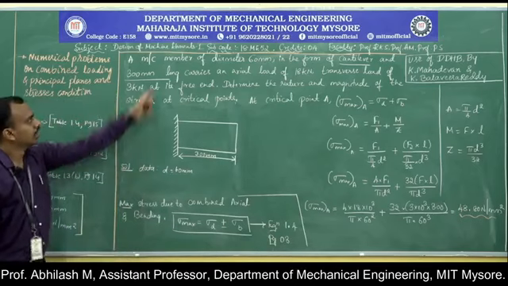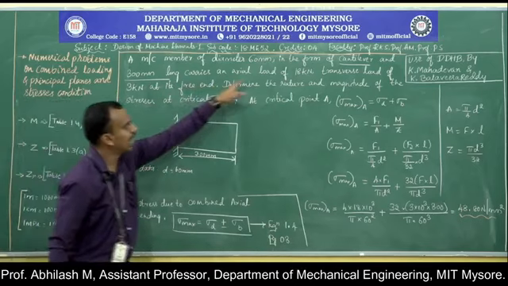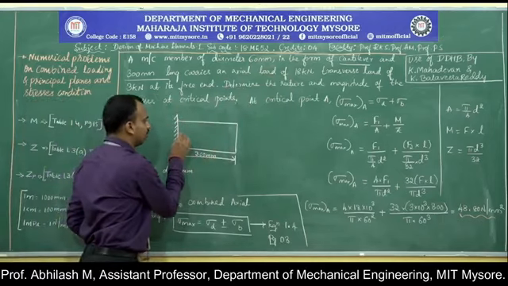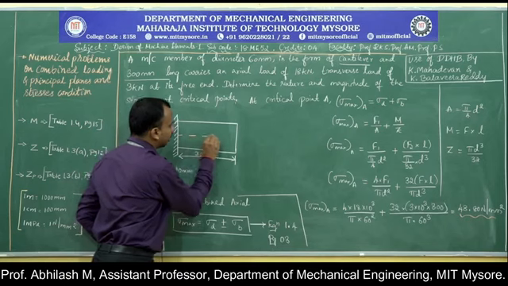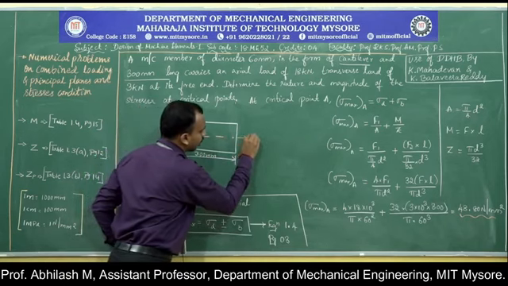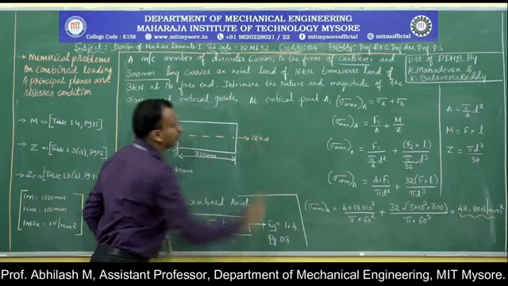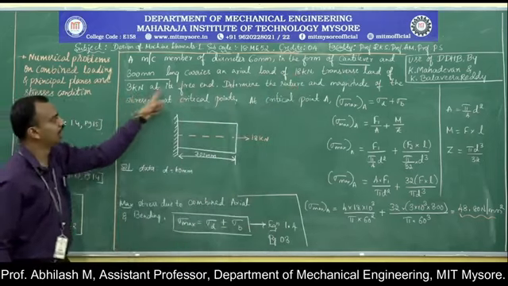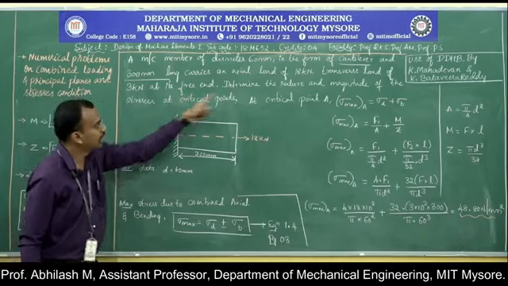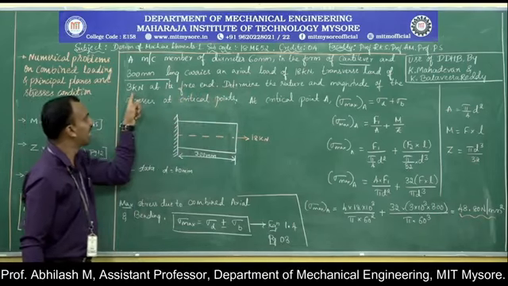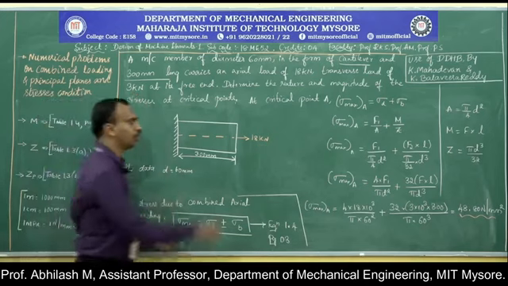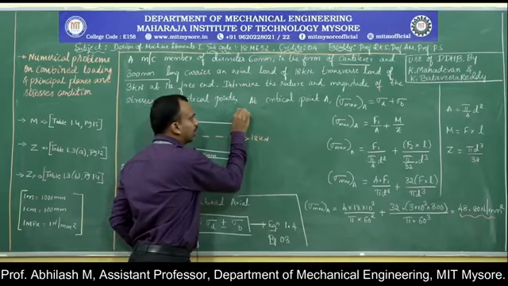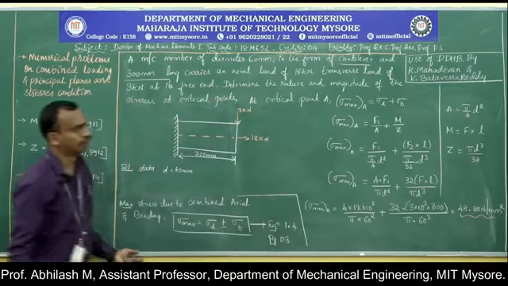This cantilever beam carries an axial load of 18 kilonewton and a transverse load of 3 kilonewton at its free end. So there is an axial load, along with the axial load we have a transverse load of 3 kilonewton at its free end. So this is the free end in the cantilever beam and the load is 3 kilonewton.